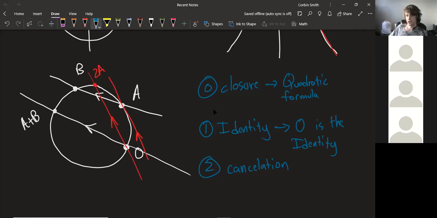Let's see if we can reverse engineer what the inverse should be. So whatever line between A and minus A, it needs to intersect the circle twice at O. It needs to start from O and it needs to end at O. So whatever the inverse of A is, the line between A and A inverse needs to be the tangent line at O. So if we take the tangent line at O and we translate it here, then this will get us A inverse. Does that argument make sense?